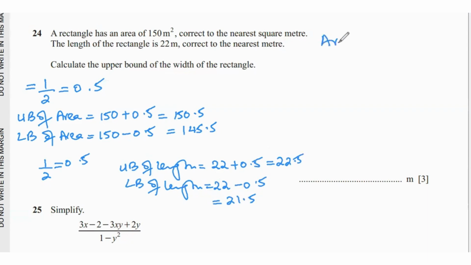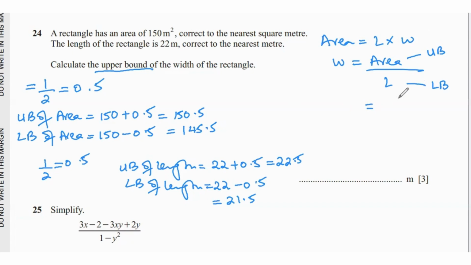Now, area has the formula of length times width. We're trying to find the width. So width would be area divided by the length. Now, for area divided by length, they want the upper bound. So that means area would be upper bound and length would be lower bound.